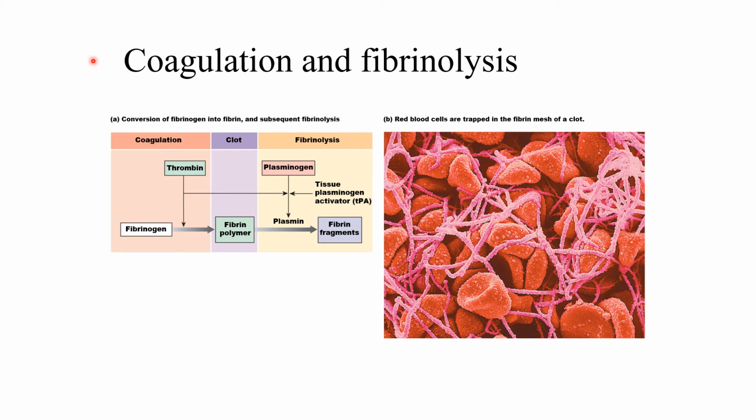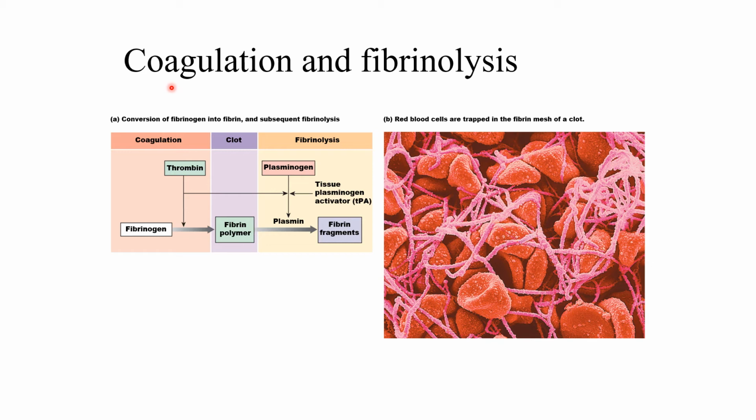When we are injured, to heal our wound, we usually go through three steps: vasoconstriction, then the second step is platelet plug formation, and then the third step is coagulation, and that's the step that we are going to talk about in detail.